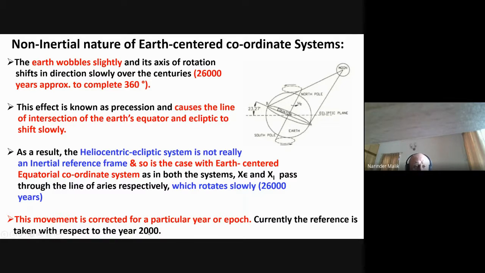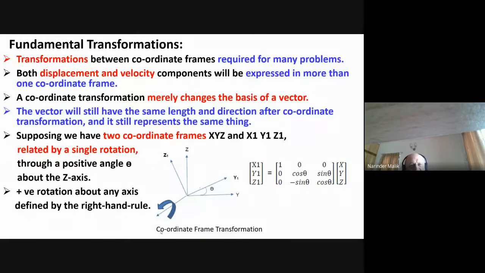Corresponding to Julian 2000, midnight of 1st January 2000, the positions of the various stars are computed and stored in the star catalog. So that is the time with respect to which we compute our motion and our orientation.